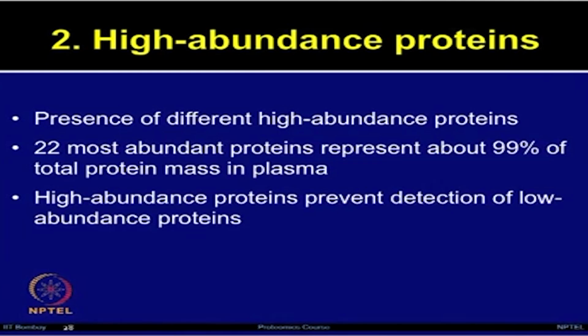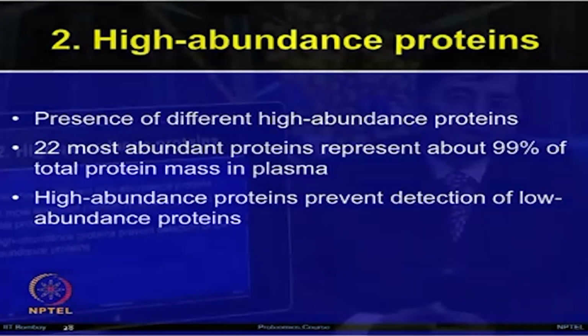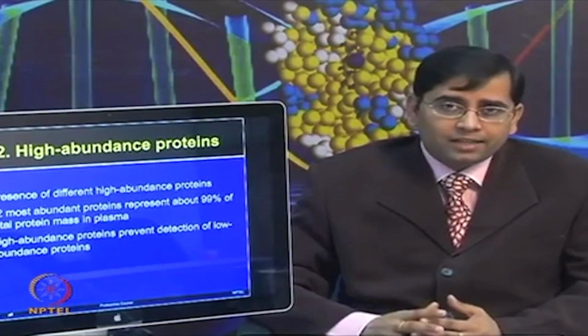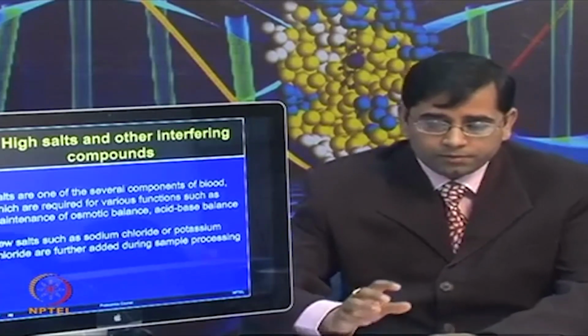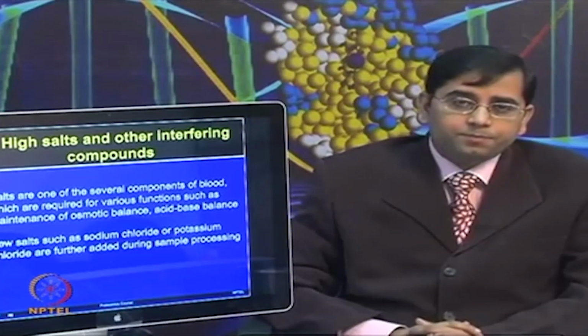These high abundance proteins prevent the detection of very low abundance proteins, and often these low abundance proteins could be the targets you are probably looking for as part of biomarker discovery. So, how to get rid of the high abundance proteins? I will describe some of the strategies which can be used to remove them in the next couple of slides, but first let us talk about the other challenging factors for serum or plasma analysis.